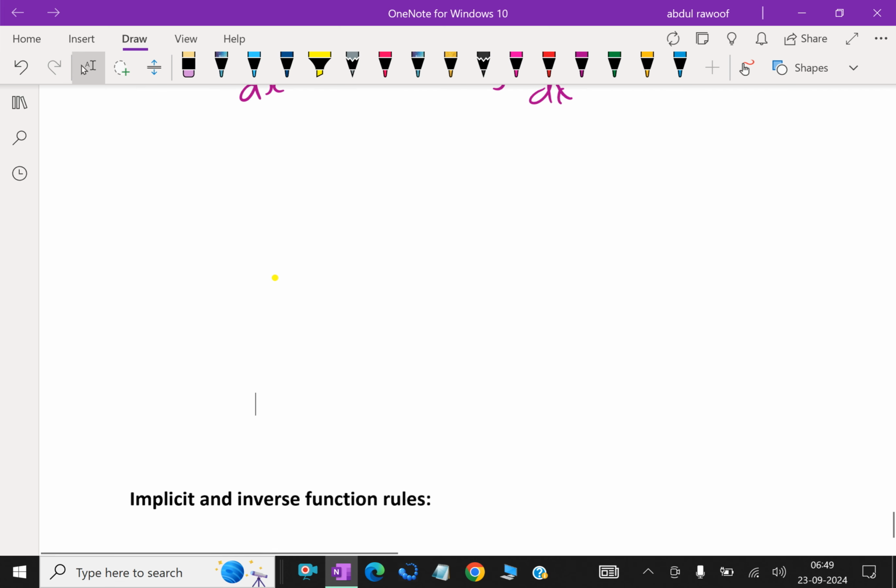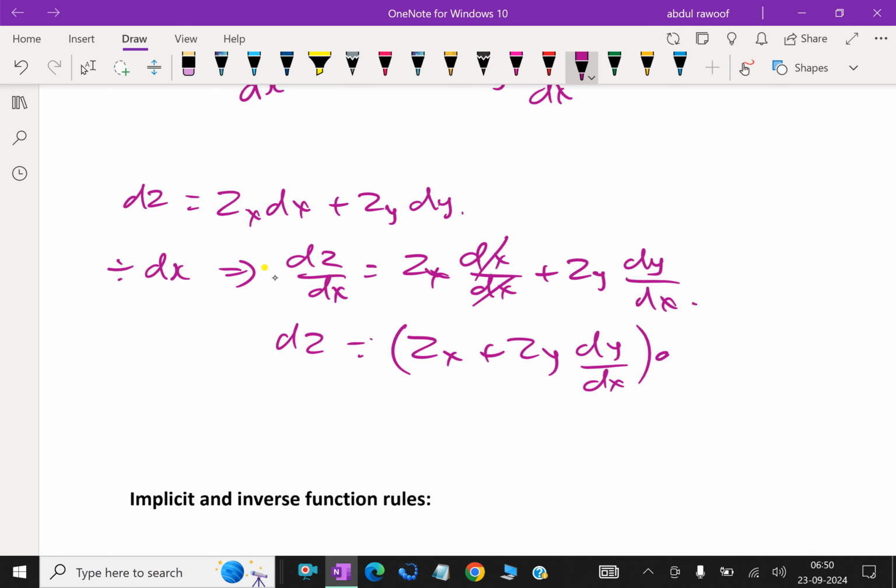Yeah, both are dx. Therefore dz by dx equals zx plus zy dy by dx into dx.